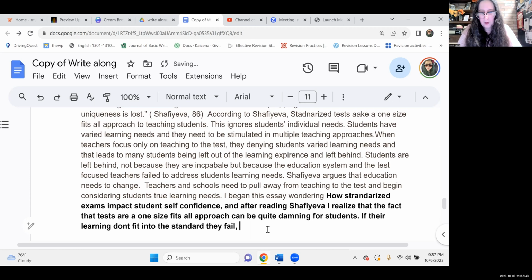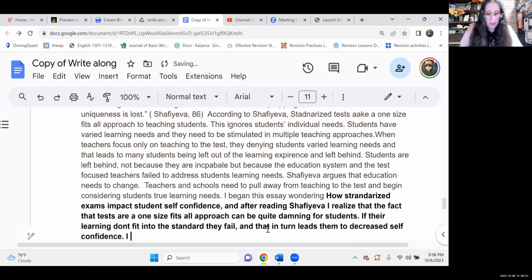It's not about them. They fail, but it has nothing to do with failing. And that in turn leads them to decreased self-confidence.